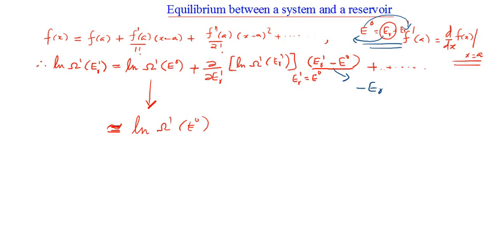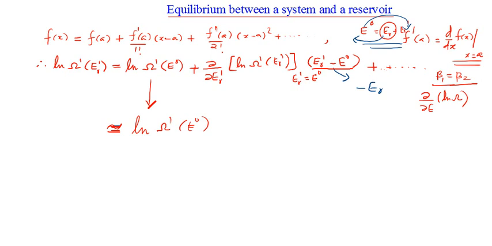Hope you remember from our discussion of the first module that we have seen dou by dou E of log omega. Do you remember this quantity? We came across it while we were discussing thermal equilibrium. We discussed the 3 different kinds of equilibria: thermal equilibrium, where statistically it corresponds to the equality of beta 1 equal to beta 2; the other one, eta 1 equal to eta 2; and the third, chemical equilibrium, theta 1 equal to theta 2, where we defined beta as dou by dou E of log omega.